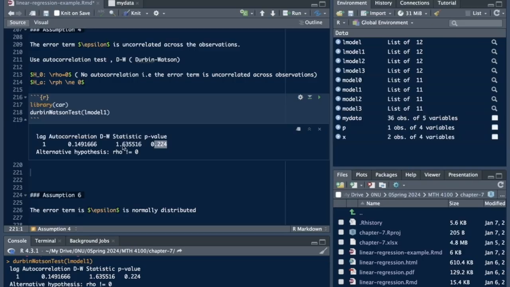So based on the given p-value, there is not enough evidence to conclude that there is autocorrelation in the residual. So we have no problem with this. We do not have an autocorrelation problem.